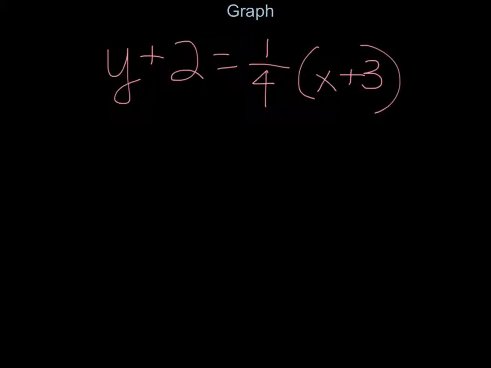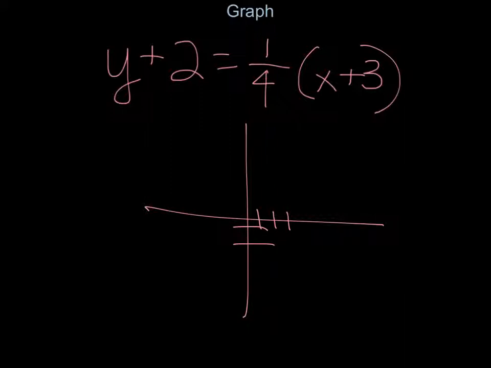Now to plot this example, what you actually do is you plot the point that you have been given. So we were given (3, -2). So we're going to go over 3, down 2, and we're going to plot our point. So it's going to go about right here. And then from there, you use your slope to find another point on the line.